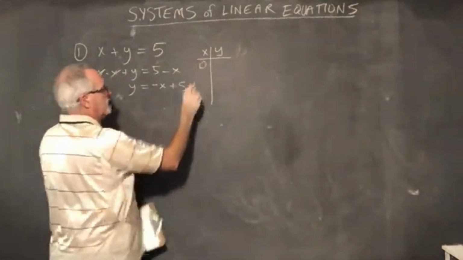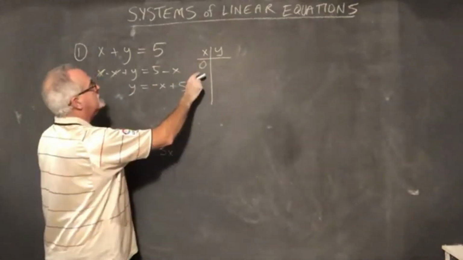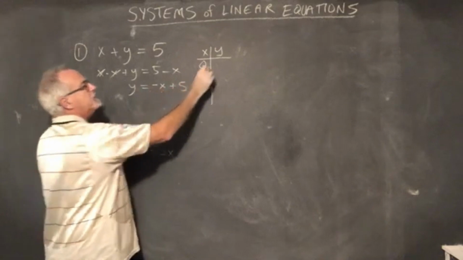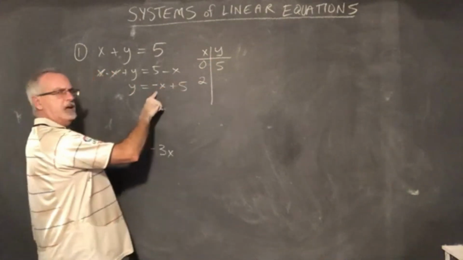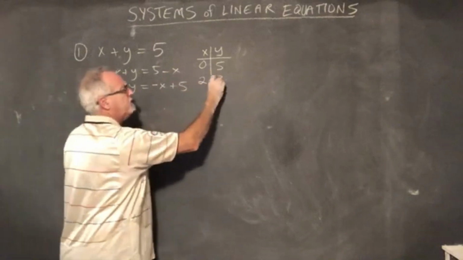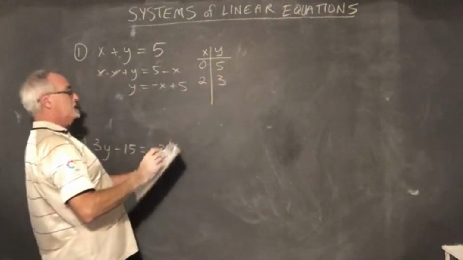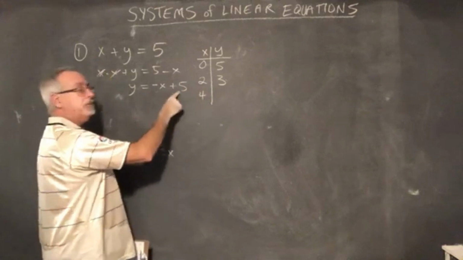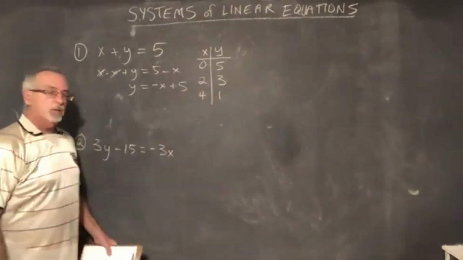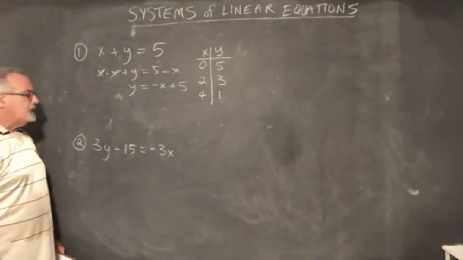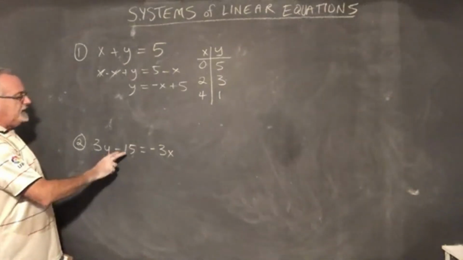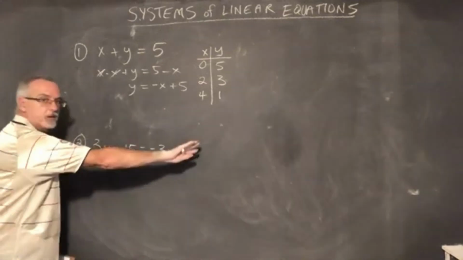If x is 0, negative 0 plus 5 is equal to 5. If x is 2, negative 2 plus 5 is equal to 3. And if x is 4, negative 4 plus 5 is equal to 1. Very quickly, we have a table of values. Now this one, to get this into y equals mx plus b form, well, I need to move the 15 over to the right side.